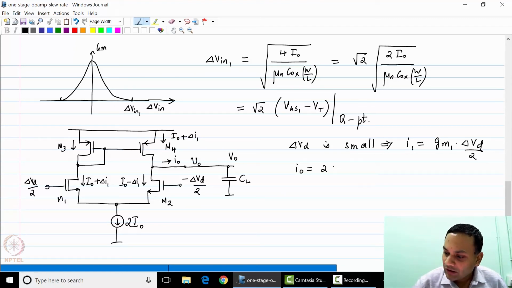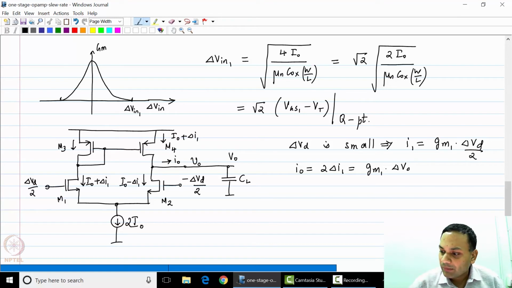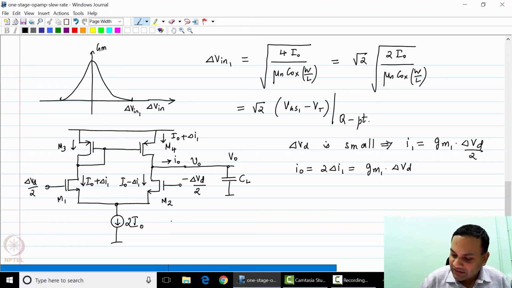So I0 is 2 delta I1, which is clearly Gm1 times delta Vd. So clearly the one stage op-amp acts like a transconductance of value Gm. If I were to replace it with a block diagram, it would look like this.